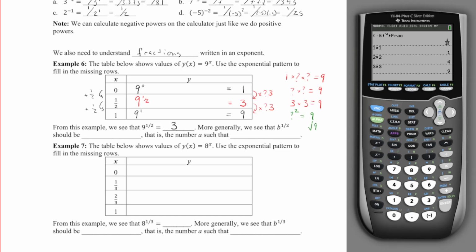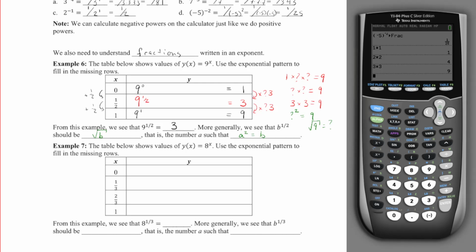The square root of 9 is my unknown number. So for any number b to the power 1/2 should be the square root of b. In other words, the number a, such that when we square it, we get our number b. Okay, so these fractional exponents must have something to do with taking roots.